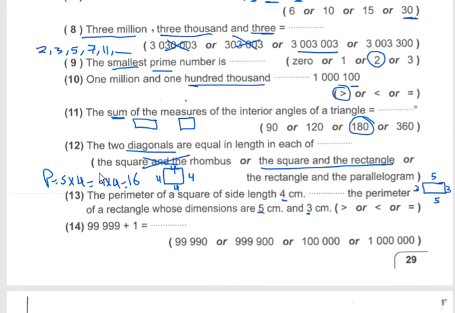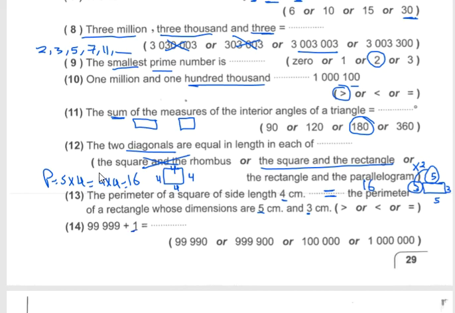If we add here, 5 plus 5 equals 10, plus 3 equals 13, plus 3 equals 16, or we can say 5 plus 3 equals 8, and we multiply by 2. So the result here will be perimeter of rectangle equals also 16, so the sign here will be equals.